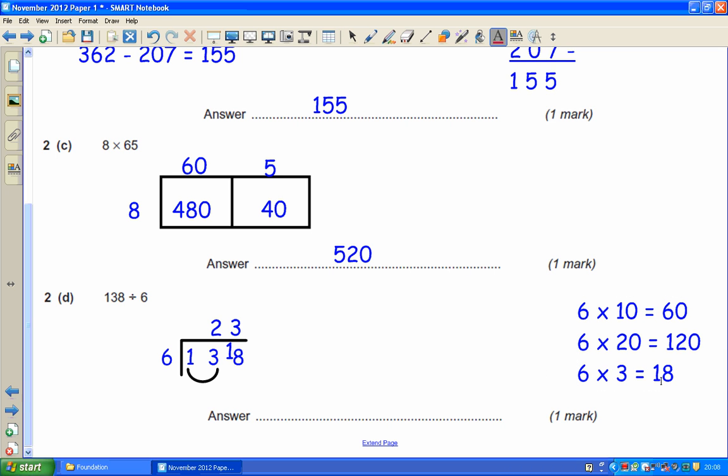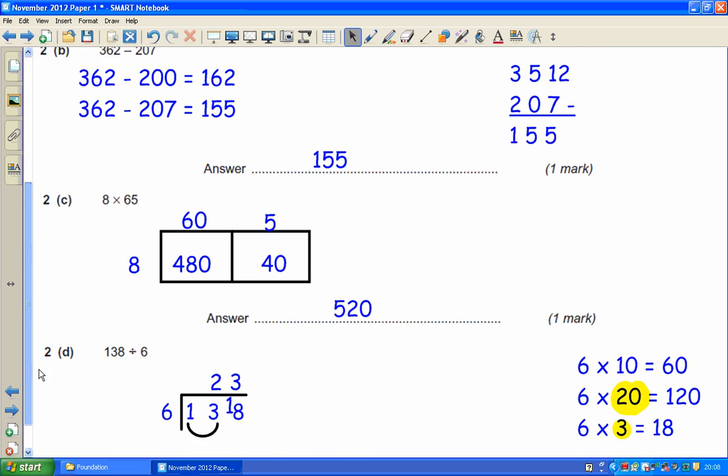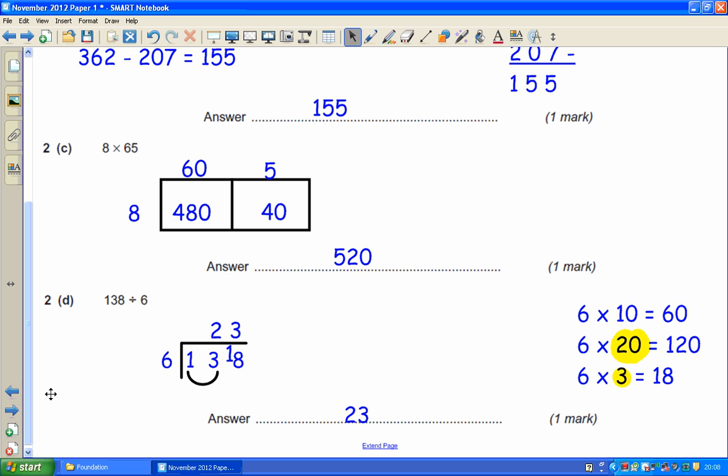So 120 add 18 is 138, so our answer is the 20 add the 3. So we put them together, and there's our answer, 23. Excellent. There are lots of methods for adding, taking away, times and divide, and 4 marks means you need to be secure at them. So whatever your method is, you need to make sure you're good at it.